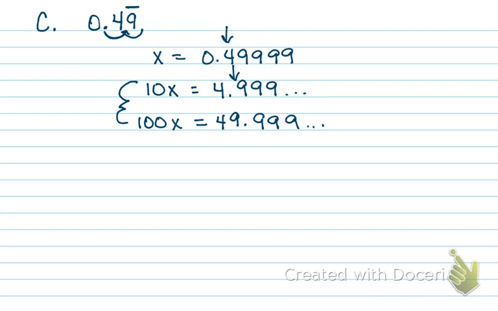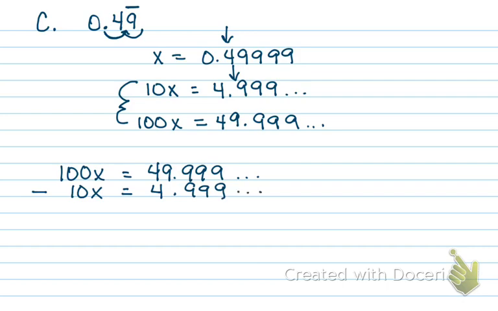Well, I'm going to take the bigger one, 100x, which is equal to 49.999, etc. And I'm going to take away the 10x equals 4.999, etc. 100 minus 10 gives me 90x. This side all cancels out, and 49 minus 4 gives me 45.